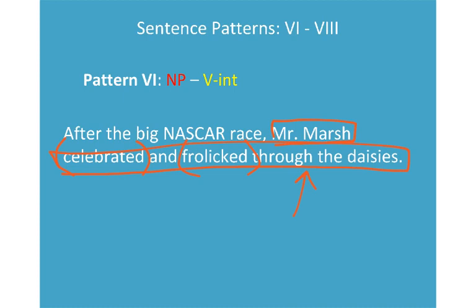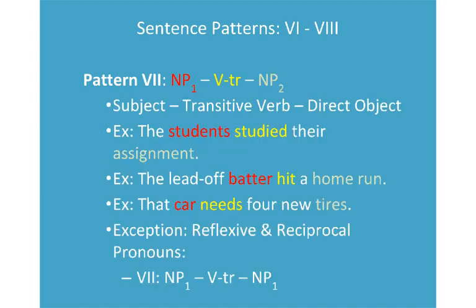But Mr. Marsh really is the noun phrase. They've also included another phrase here to give us more information about how, where, when he celebrated and frolicked at the beginning. But all you need to know is we've got our noun phrase, Mr. Marsh, and then our intransitive verb, celebrated and frolicked. And then after that, you can add on to include where, how, when he did it.